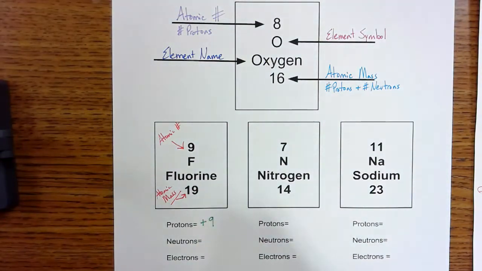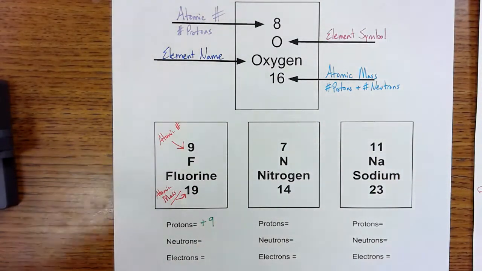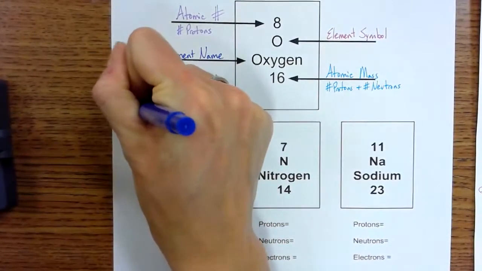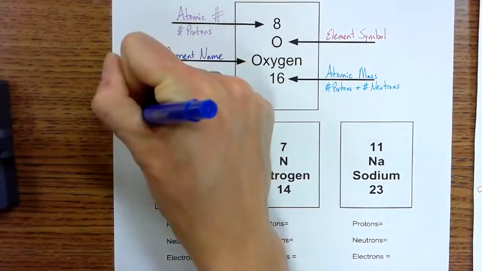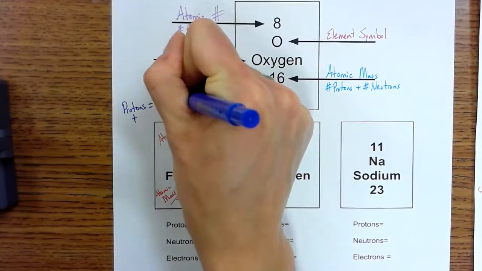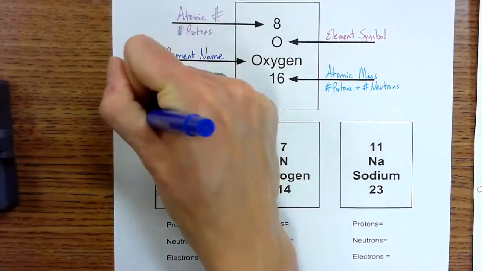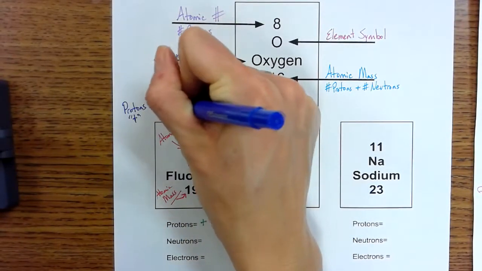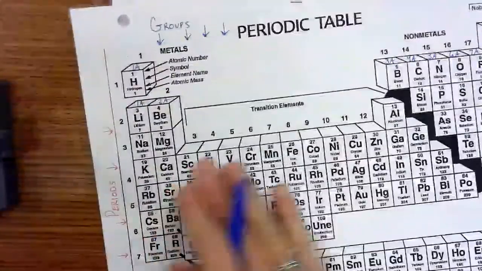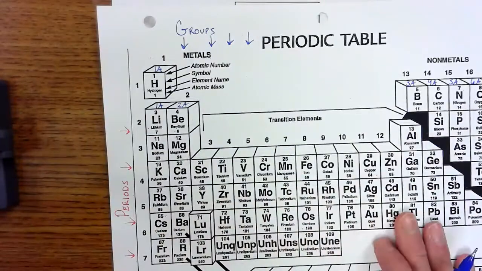Now, we discussed in class that protons will equal our electrons. So protons, which are positively charged, are going to be the same number as electrons, which are negatively charged, because in our table of elements, all of these elements are neutral.